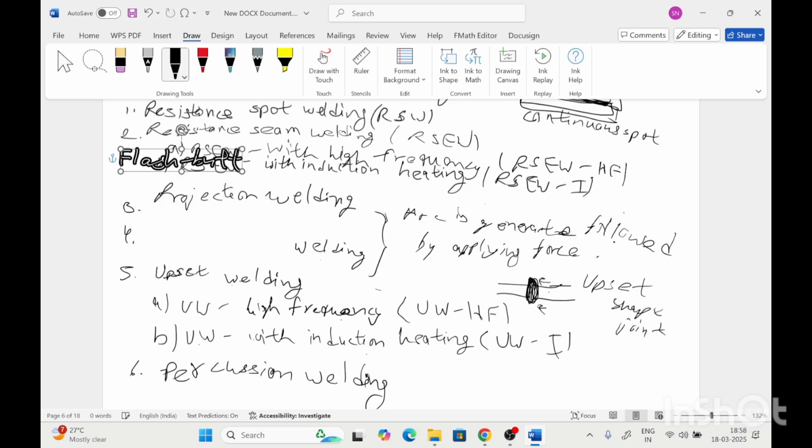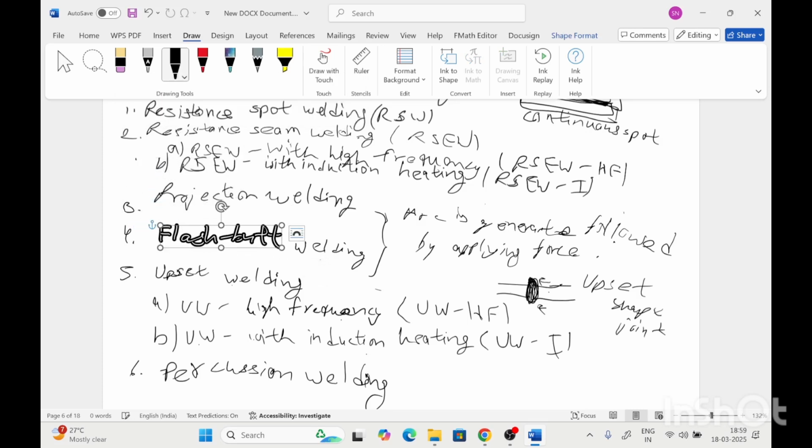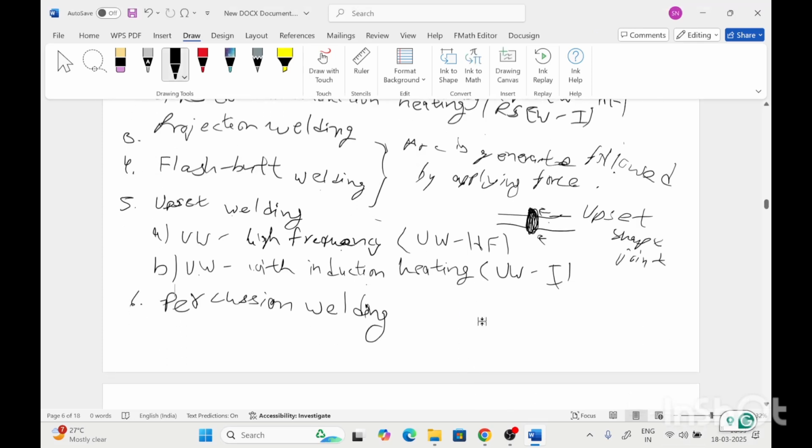The next welding is percussion welding, in which a rotating arm is used to apply the electrode force.